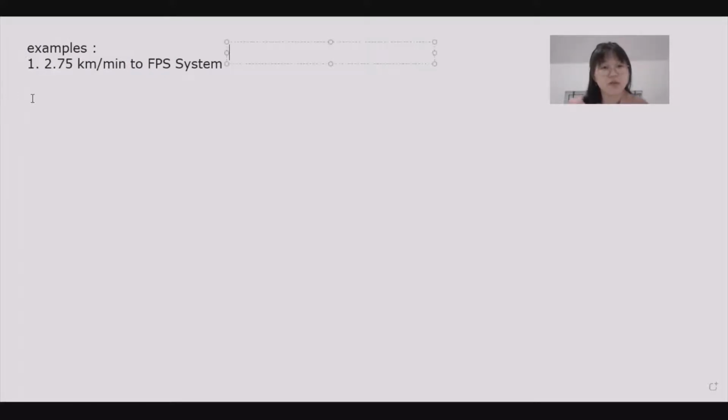First, you need to change from kilometer to meter. So it's like 2.75 times 1000 meter per minute.